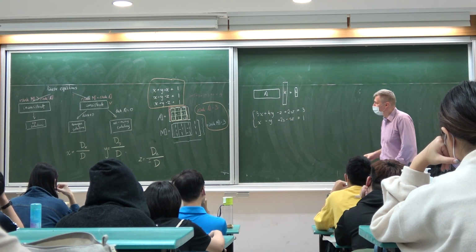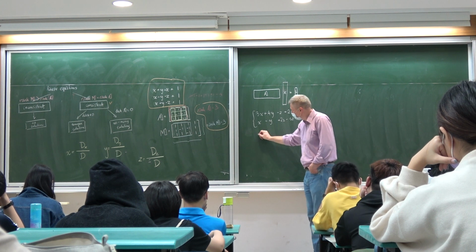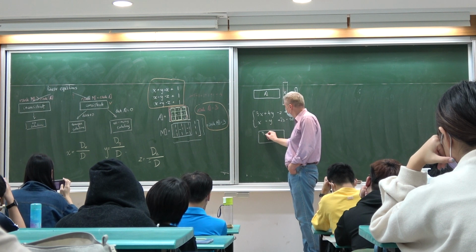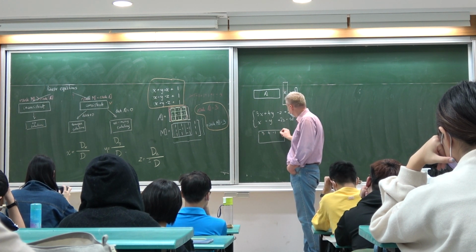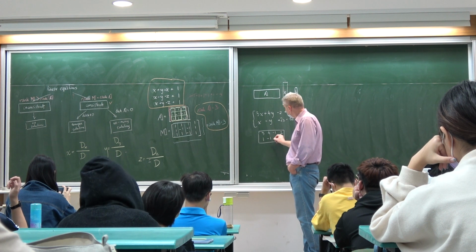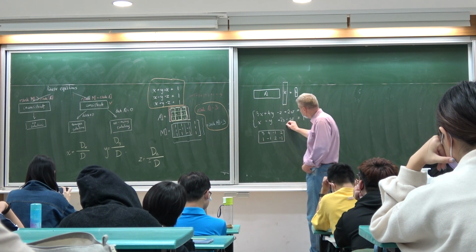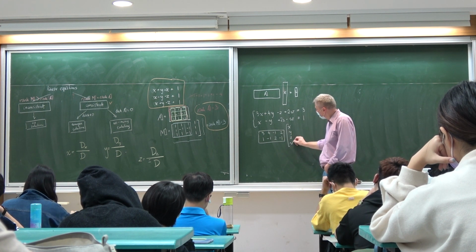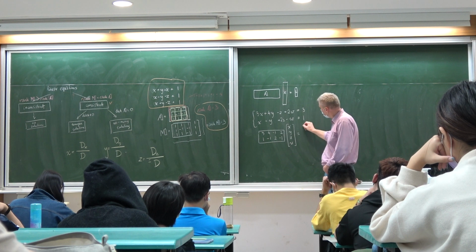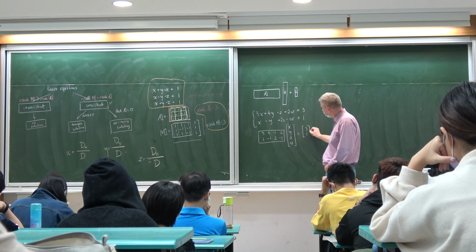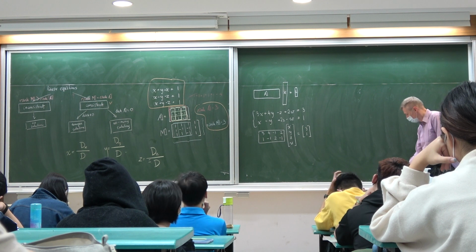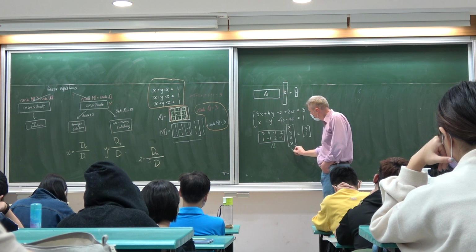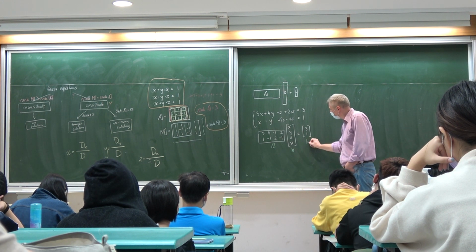That system of linear equations can be written as 3, 4, minus 1, 2, 1, minus 1, 2, minus 1, times x, y, z, w, equal 3, 1. That's our matrix A, that's our vector X, and that's our vector B.